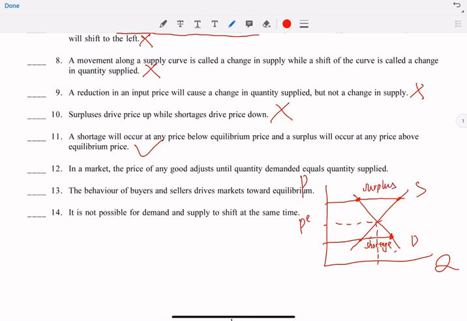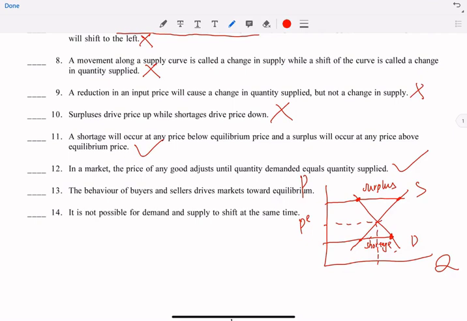Okay, 12. In a market, the price of any good adjusts until quantity demanded equals quantity supplied. This is actually correct. This is exactly how market reaches its equilibrium, right? And we talk about this in the lecture note.